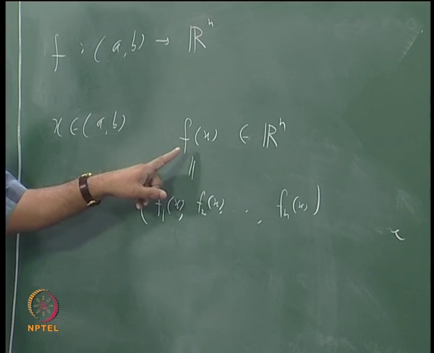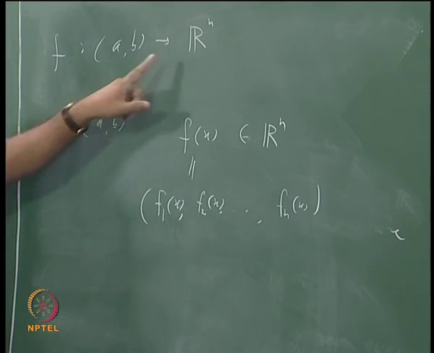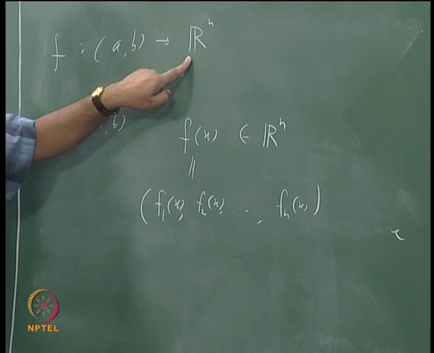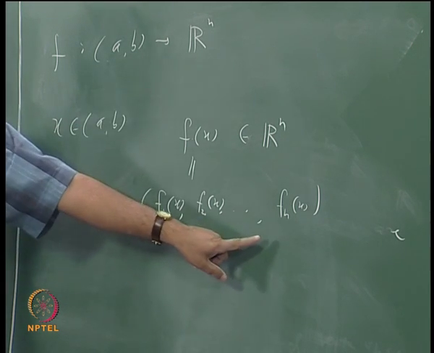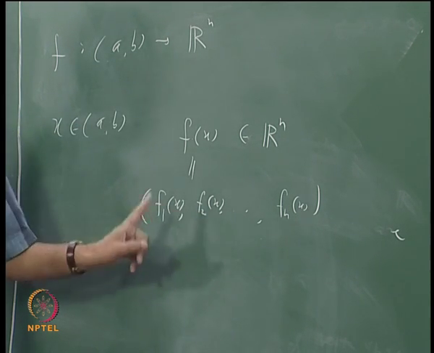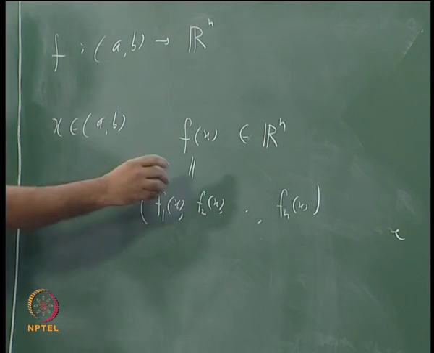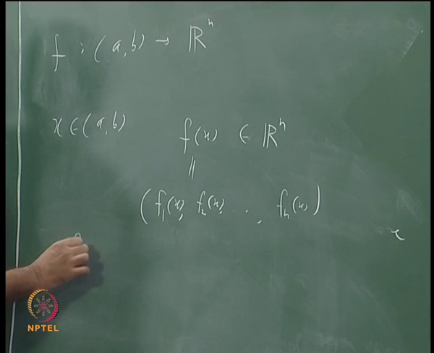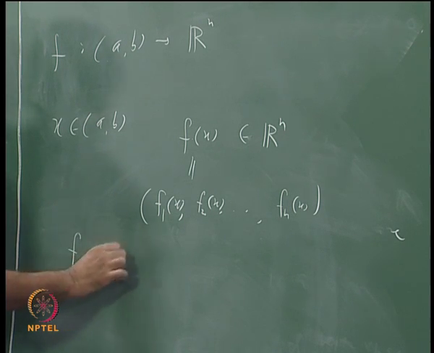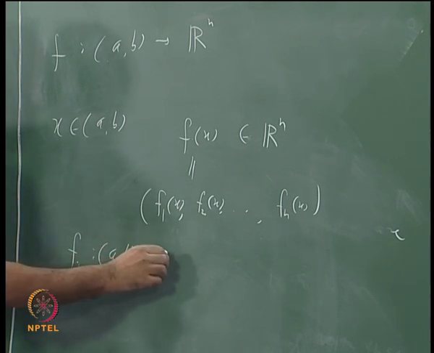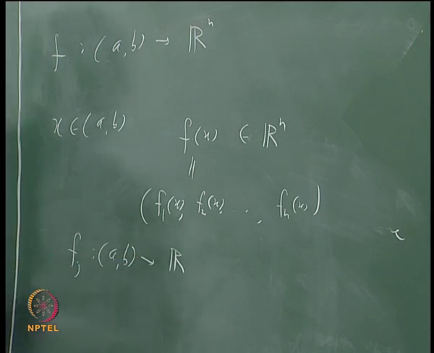Suppose you have one function f which takes values from (a,b) to Rn, corresponding to that you will have n such functions f1, f2, and each of those functions will go from (a,b) to R. So I call each jth function fj, and fj will be a function from (a,b) to R.